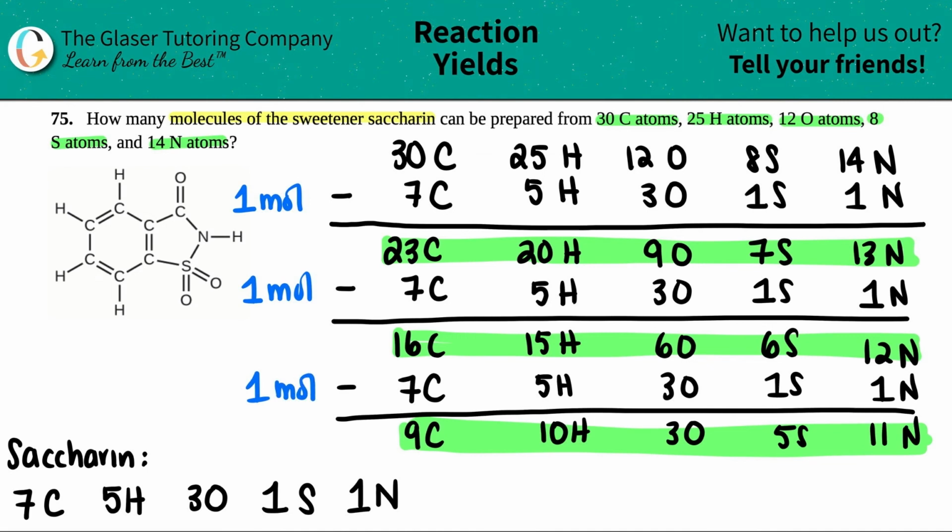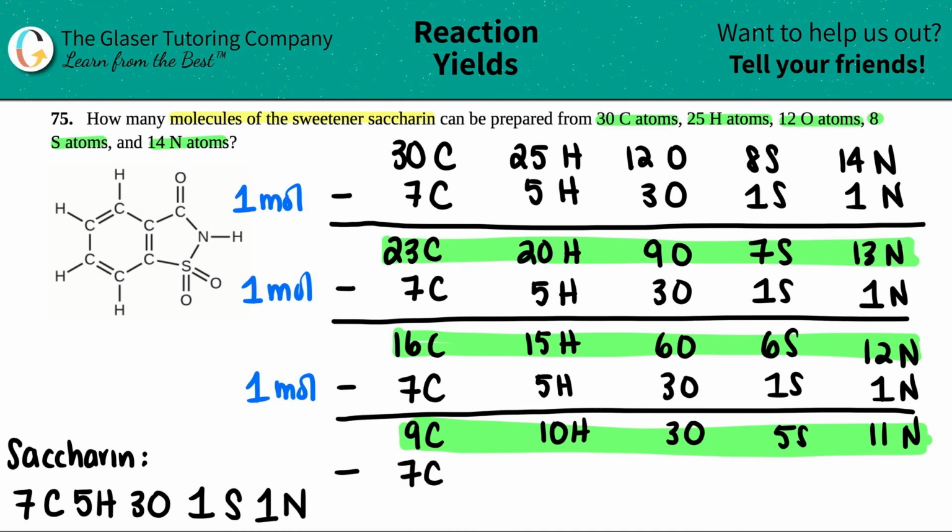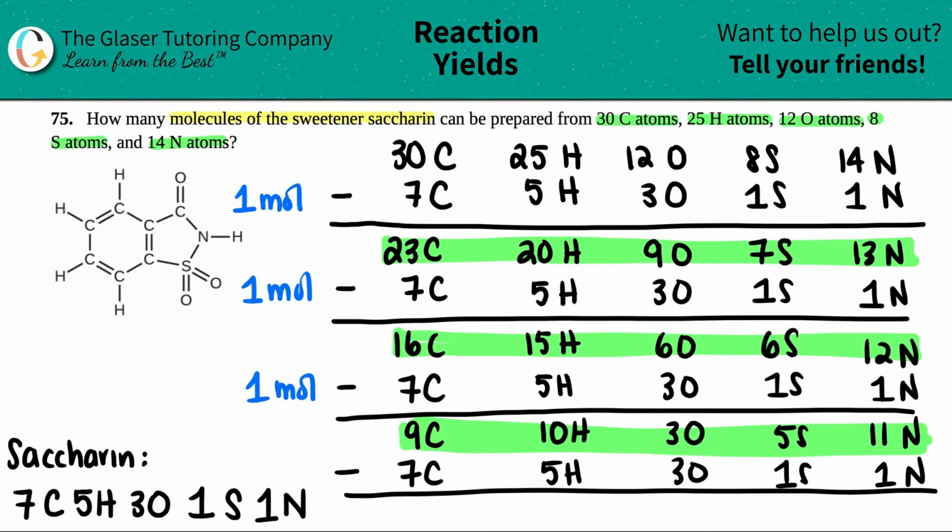Okay, let's do another round. So minus 7 carbon, 5 hydrogen, 3 oxygen, 1 sulfur, 1 nitrogen. Coming down to the wire.